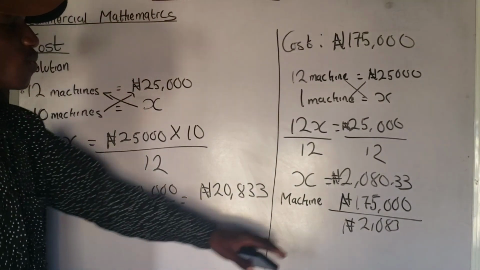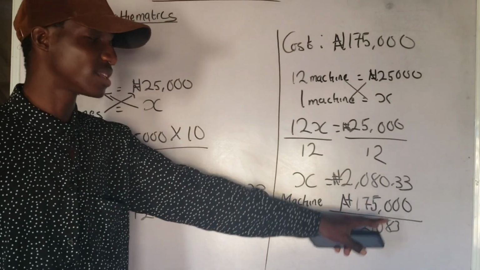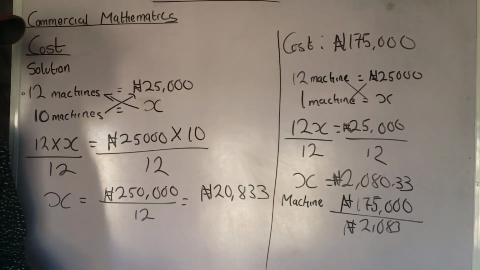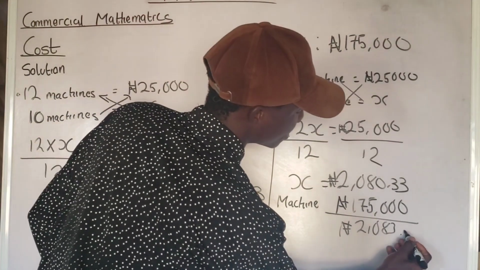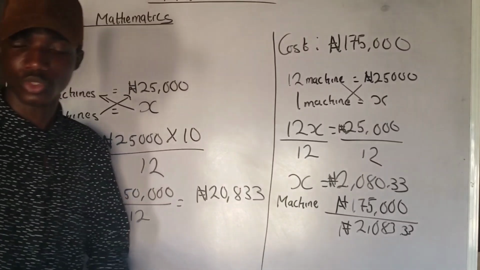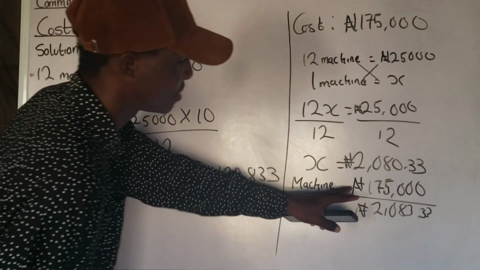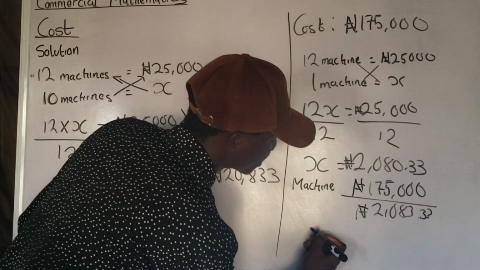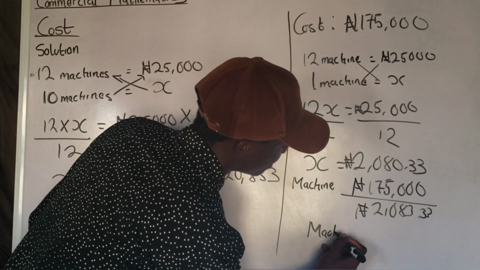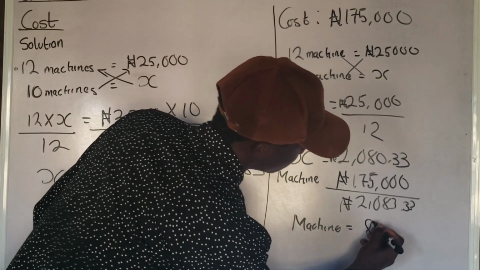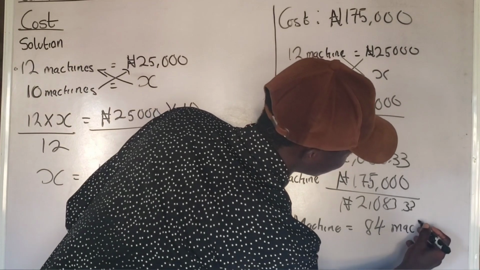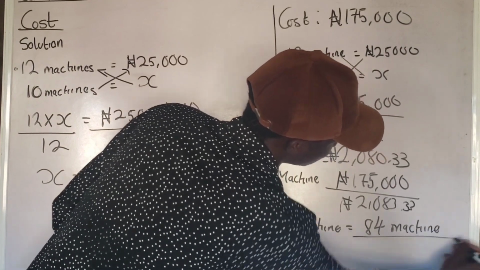That means 175,000 naira divided by 2,083.33 naira. Having divided this by this, the number of machines is 84 machines. That is the answer to the question.